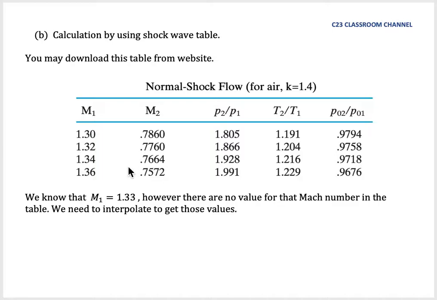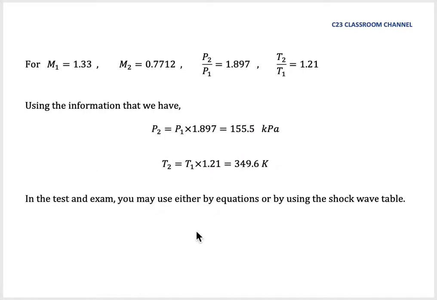So you could use the interpolation of that value to get all the values of Mach number at point 2, P2 over P1, and T2 over T1. Then when you calculate that, you could find that M2 is equal to 0.7712, which is equal to our previous calculation. P2 over P1 is equal to 1.897. T2 over T1 is equal to 1.21.